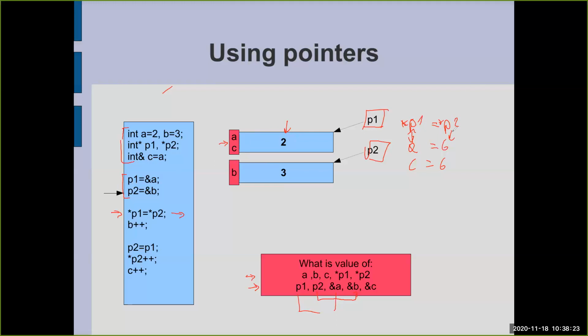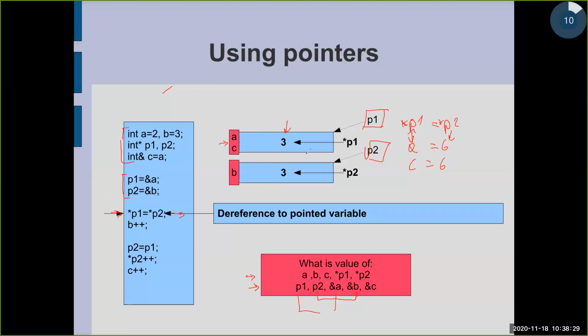Yeah? So look, the real effect will be that the value which is written in this cell will be overridden. So it will be equal to the value of B. Okay.